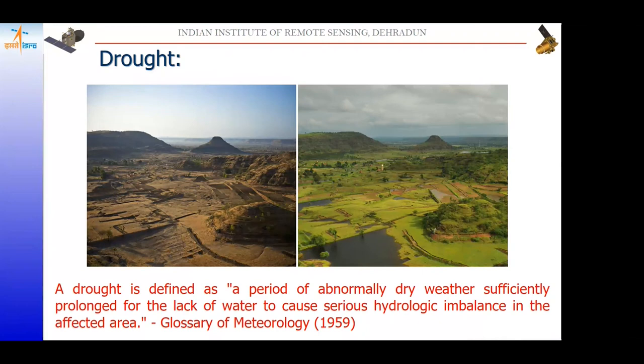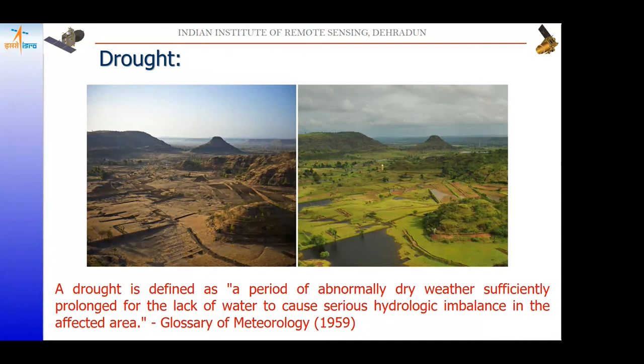The actual definition is given in the Glossary of Meteorology in 1959, the scientific definition of the term drought, where each and every word has a specific meaning. Let me go through this definition word by word: a period of abnormally dry weather sufficiently prolonged for the lack of water to cause serious hydrologic imbalance in the affected area.